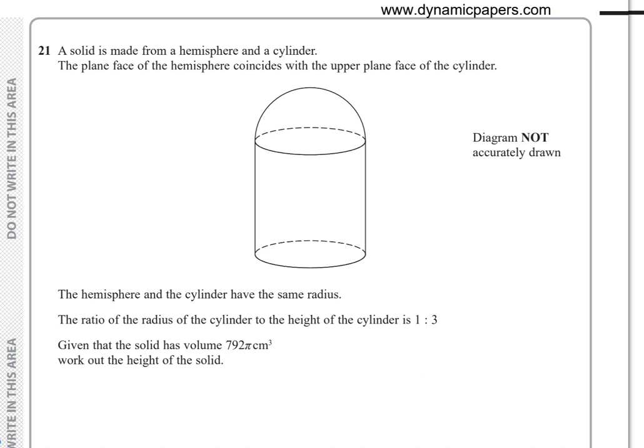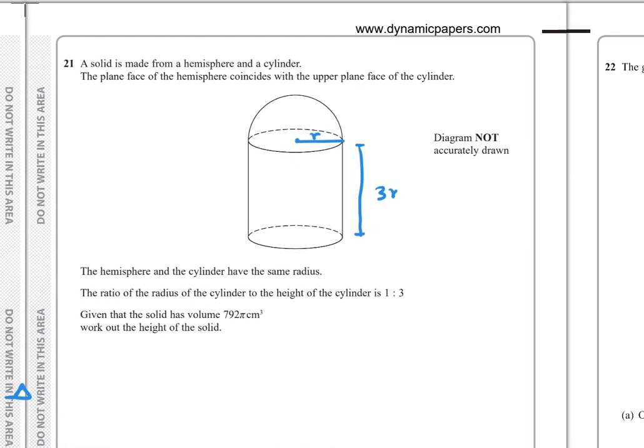Because the ratio between the radius and the height is 1 to 3, if the radius is r, the height will be 3r. Now the volume of the solid is 792 pi. The volume equals the volume of the hemisphere plus the volume of the cylinder.